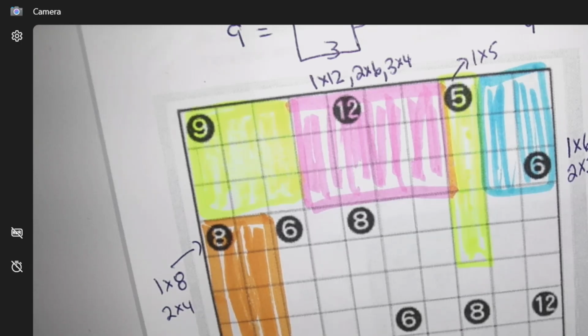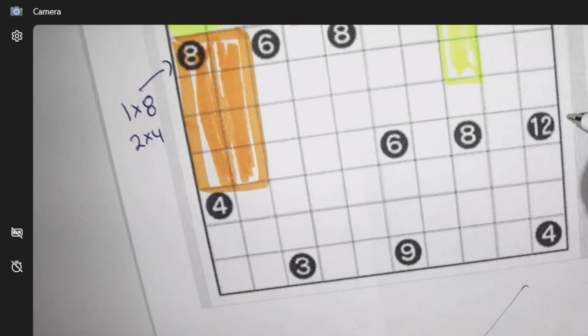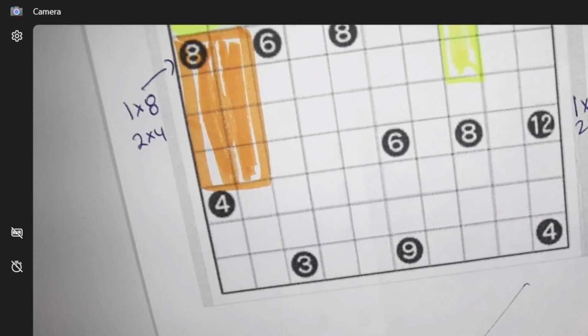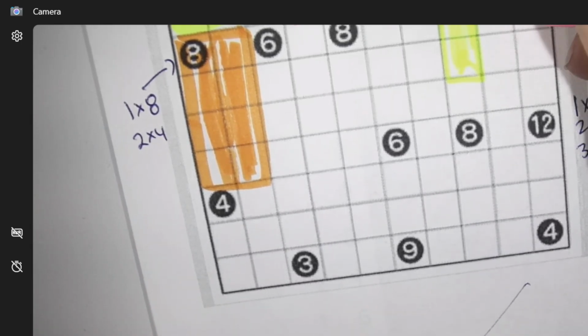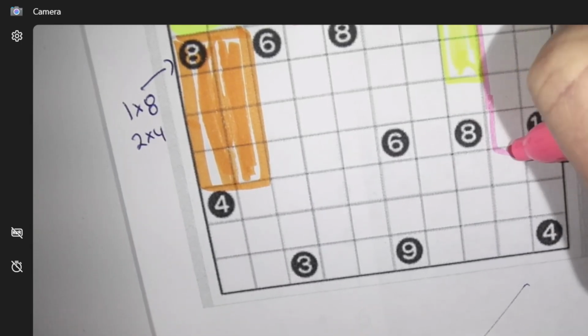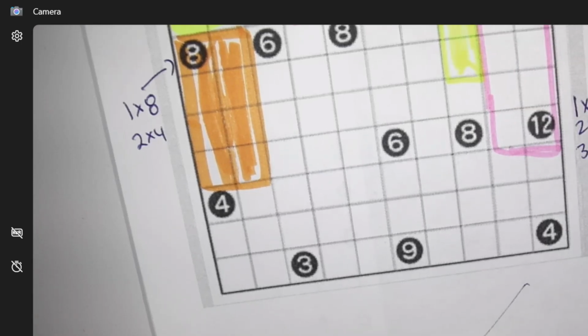Where do you want to go now? 12. Okay. Think about my shapes. You want to do a 6 by 2? I'm listening to you now. 6 by 2? 1, 2.